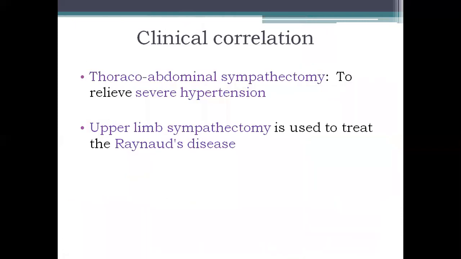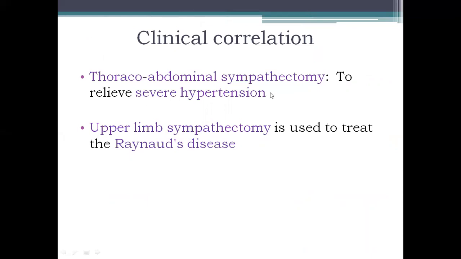Now, clinical correlation. The first one is thoracoabdominal sympathectomy. The sympathetic nervous system increases the blood pressure in the cardiovascular system. So why do they do thoracoabdominal sympathectomy? It is to relieve severe hypertension.